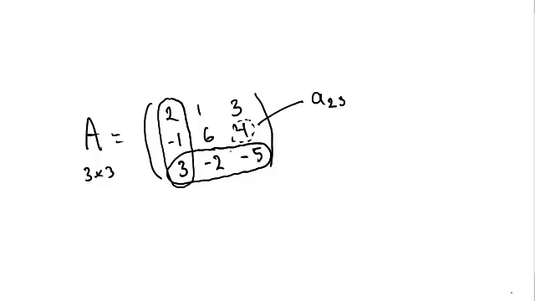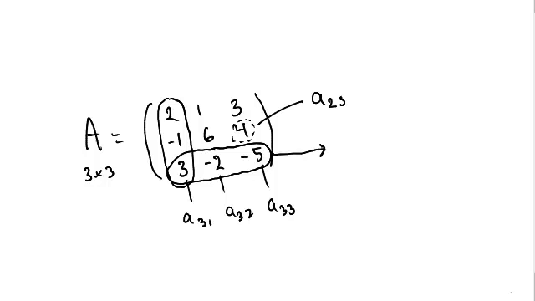Unfortunately, there is no standard notation in the literature for referring to entire rows and columns, so I will use the following notation. Let's consider, for example, the third row. This row has elements A31, A32, and A33. That is, A with the first subscript 3 and the second subscript loops over all possible values.